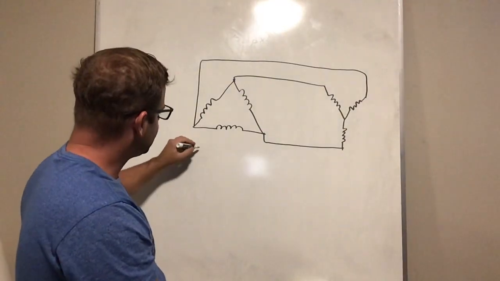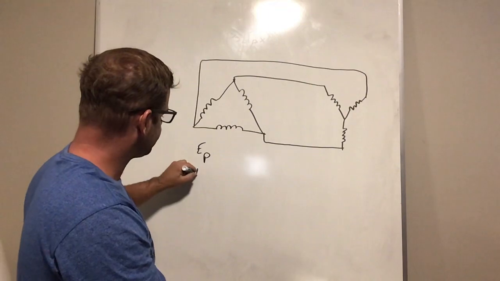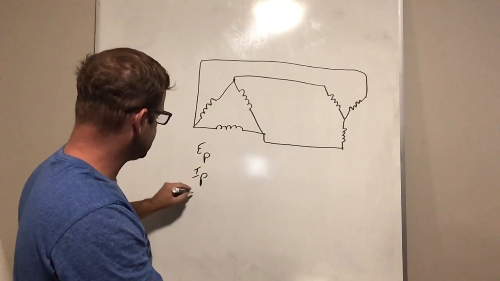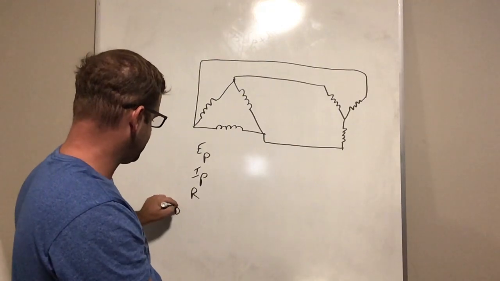And I'm going to write things out the same way as I did with the other one: E phase, I phase, our resistance, and our three-phase power.